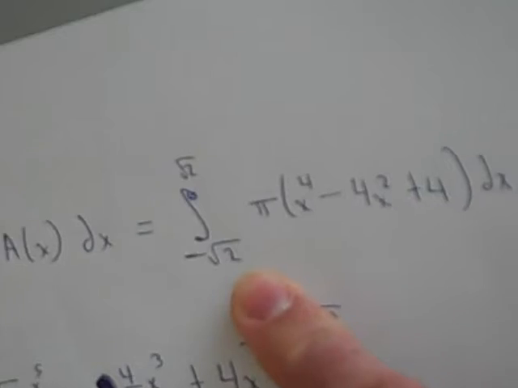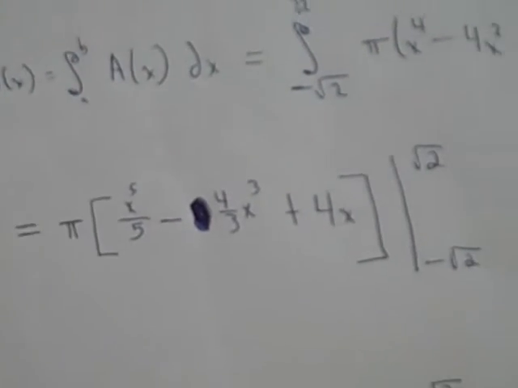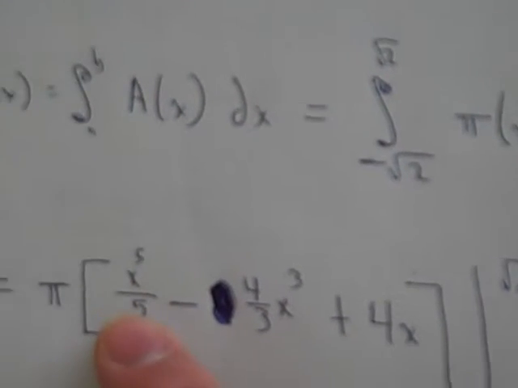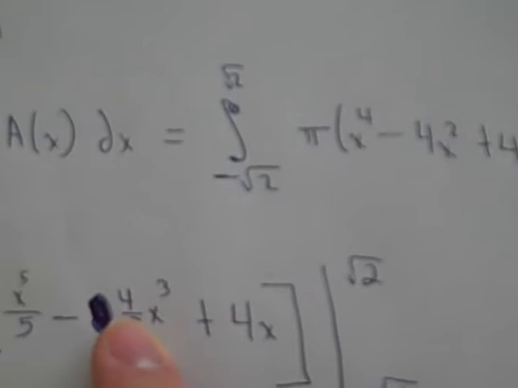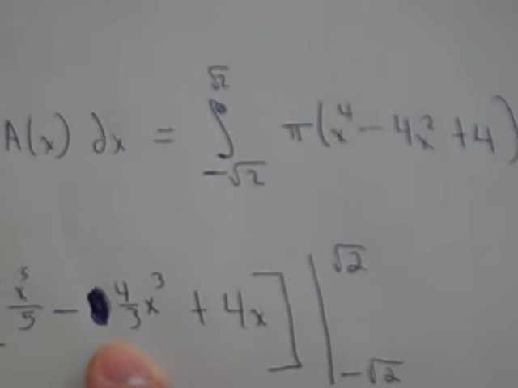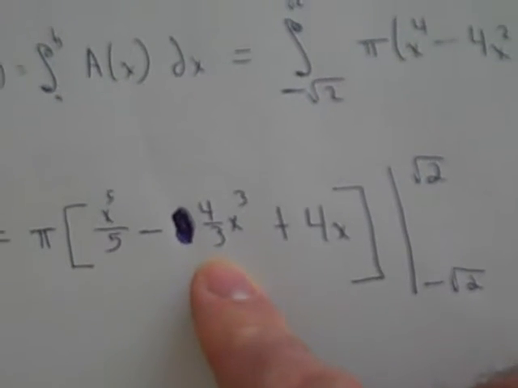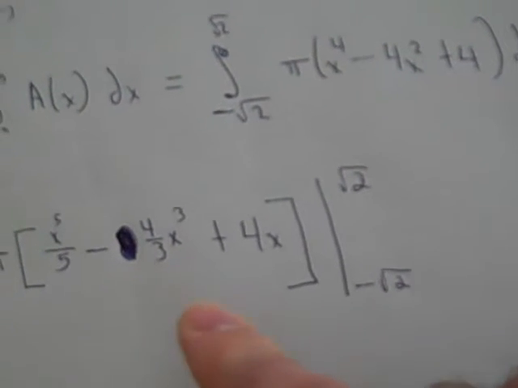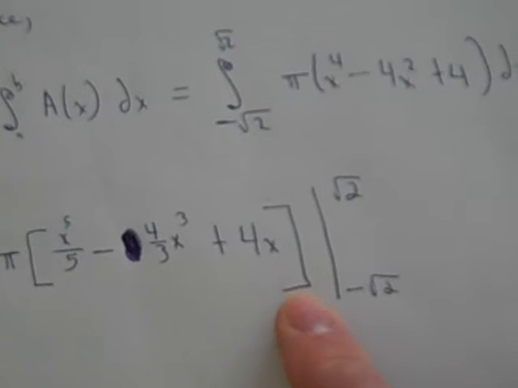We're integrating over dx from negative radical 2 to positive radical 2. And you'll go through the motions, you'll go through some calculus. You integrate x to the 4th, you get x to the 5th over 5, you integrate 4x squared, you get 4/3 x cubed, and you've got a minus sign accompanying it. And then 4x, and you just go through all that.